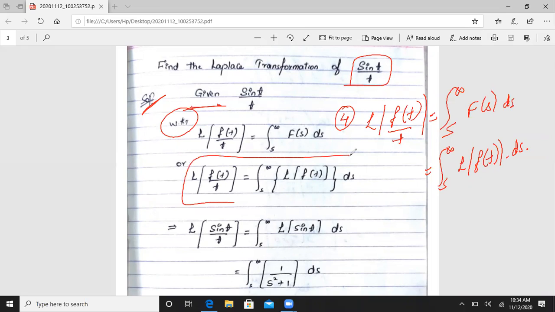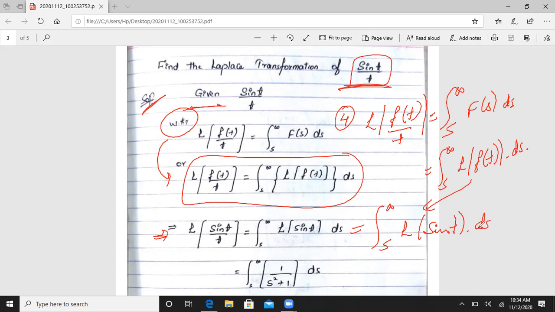This is our given function, and we know this is our property number 4, and this is our equation. So the Laplace transformation of sin t divided by t is equal to integration over s to infinity of the Laplace transformation of sin t into ds.